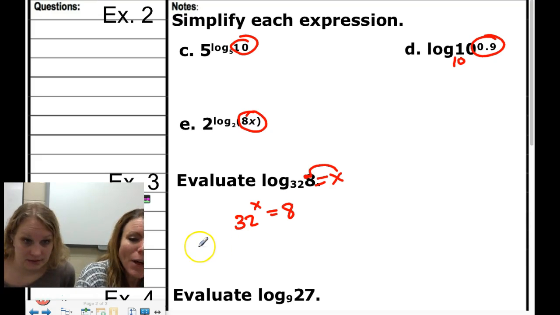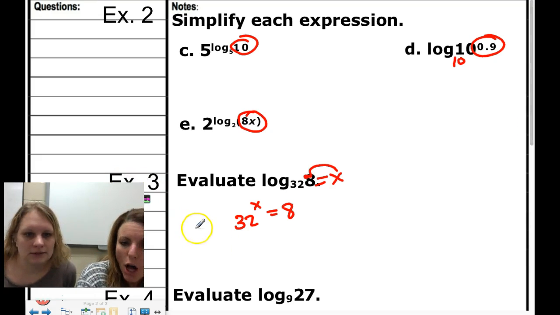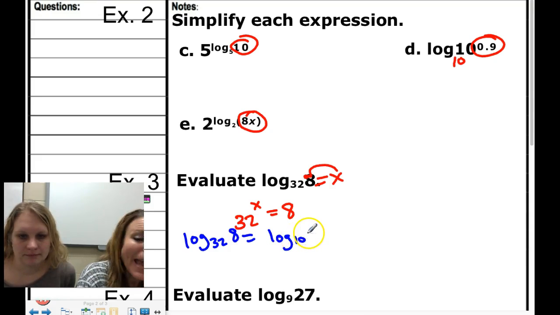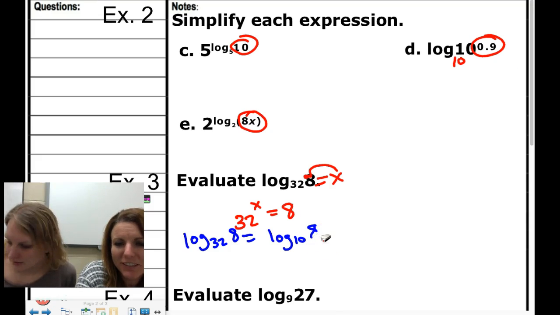I want you to write log, and then write the problem that we started with: log base 32 of 8. Set that equal to, are you ready? Log, and write base 10, even though you don't have to, just so you remember we're changing to base 10. 8 is the big number, over the whole thing, sorry, I better be more clear here.